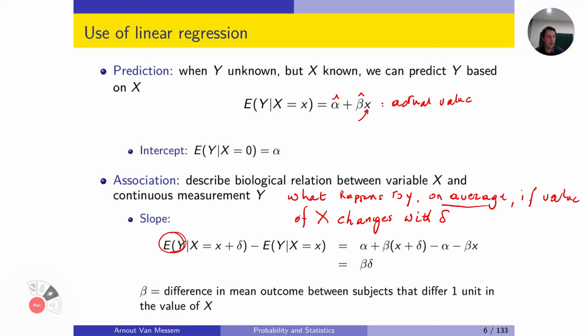If we plug it in, we get alpha plus beta x plus delta, minus alpha minus beta x. So in the end, if x changes with delta, on average y changes with beta delta. The change in the outcome is proportional to the change in the input, which also gives us the interpretation of the slope, beta. The slope is the difference in the mean outcome between subjects that differ 1 unit in the value of x.